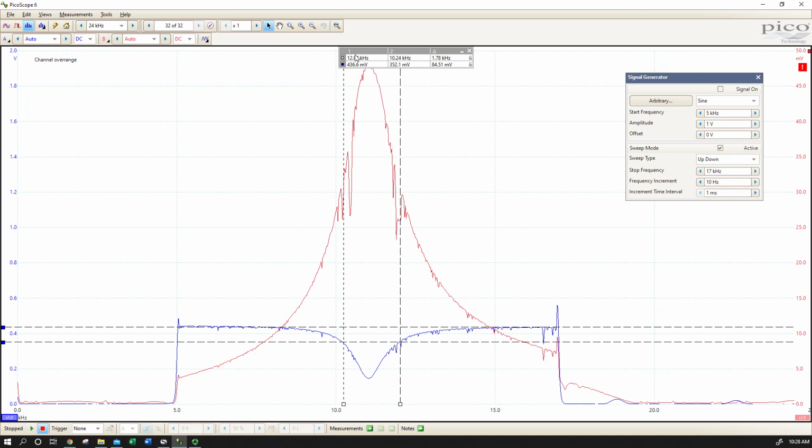So if I look at the difference between this frequency, my F1 (or F critical 1 and 2 is another word for it), I've got about 1.78 kilohertz between those two half power frequencies. So that defines the bandwidth.